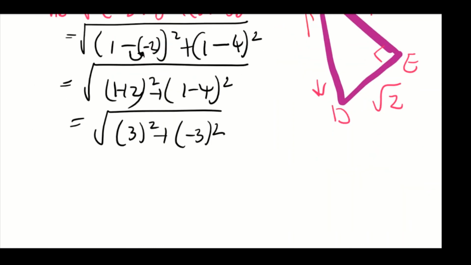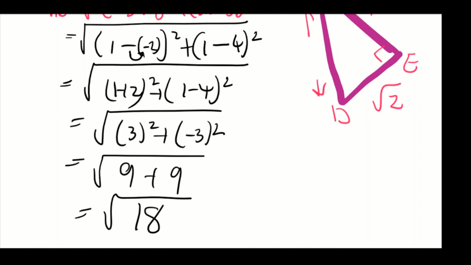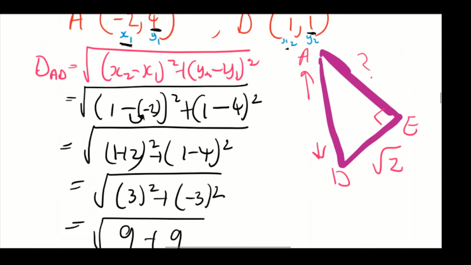So you're having the root of 3 squared is 9, so it's 9 plus 9 being the root of 18, right? So this is the distance of AD, right? Root of 18 units.